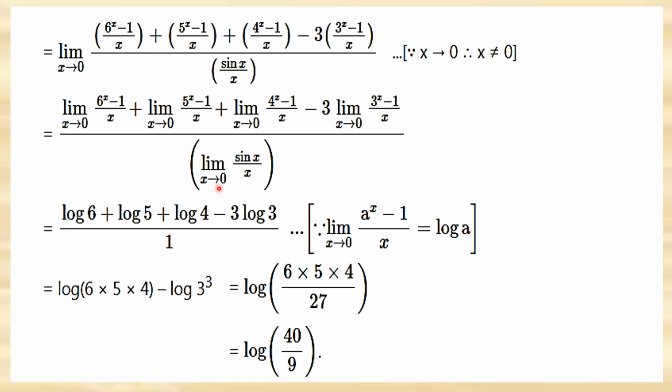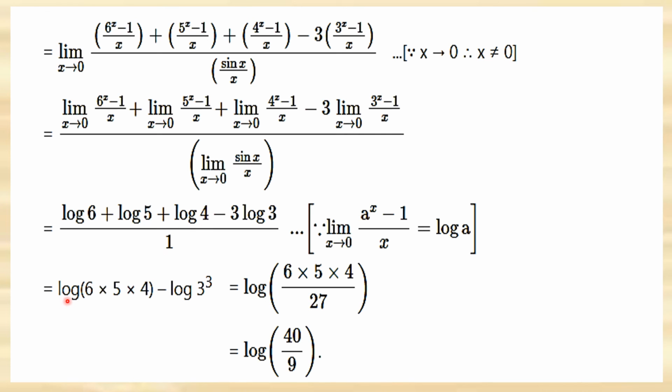The denominator is limit x tends to 0 sin x upon x. Now we apply the values: all the terms in the numerator are of the form limit x tends to 0, a raised to x minus 1 by x. The result is log a. So here first term log 6, second term log 5, then log 4 minus 3 into log 3, divided by the limit x tends to 0 sin x upon x, which is 1.